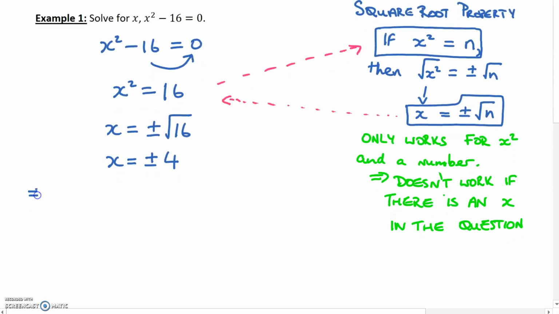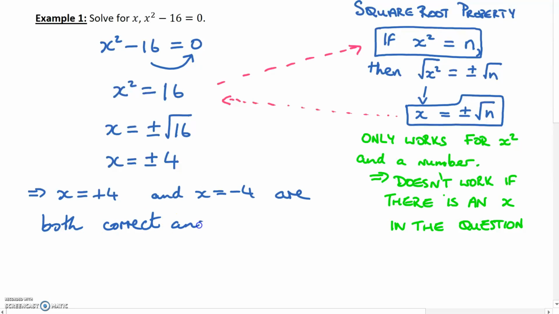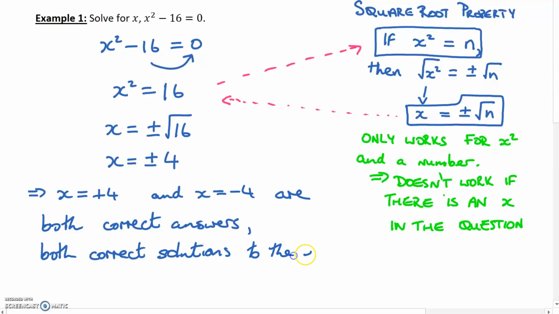So this means x equals plus 4 and x equals minus 4 are both correct answers to our problem, or both correct solutions to the equation x squared minus 16 equals 0.